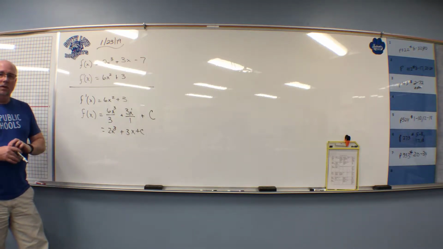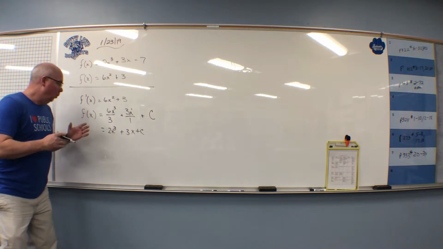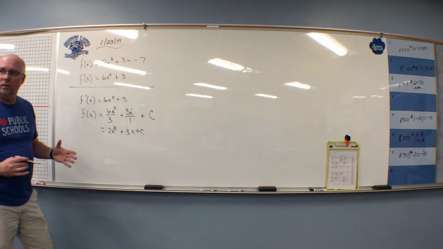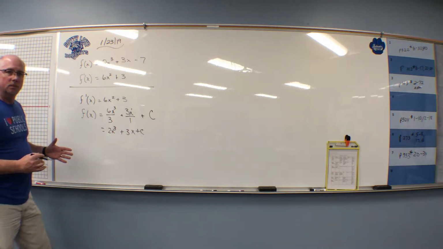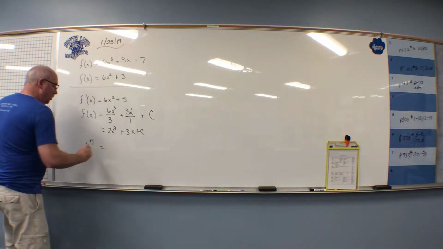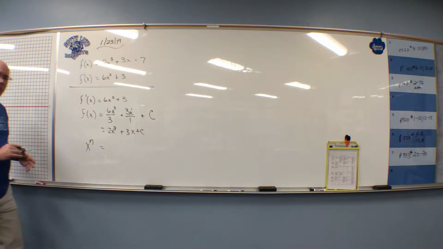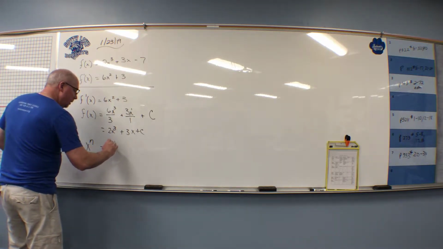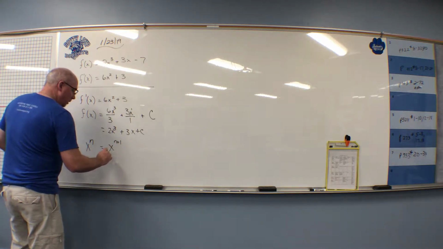All right, so what did we do? We reversed the process. If anything is x to the n, what would you do to reverse it? n plus 1. We go x to the n plus 1, divided by n plus 1.